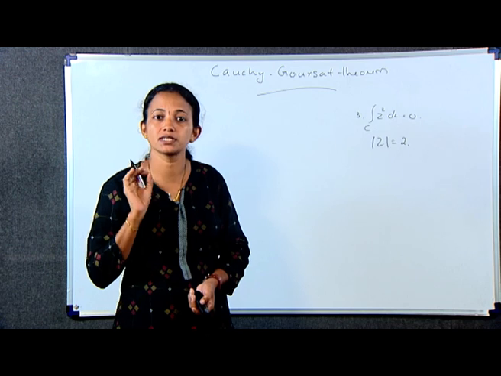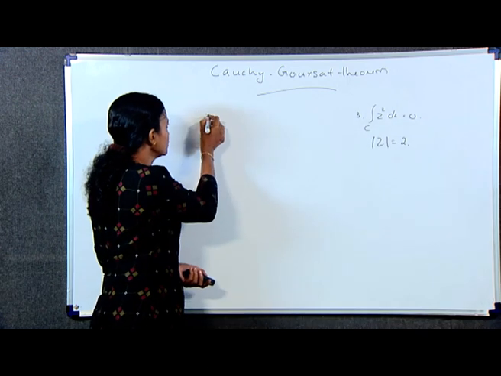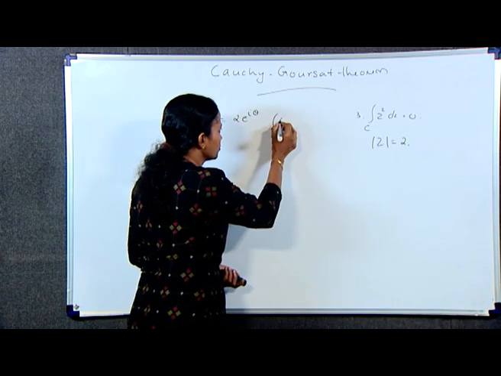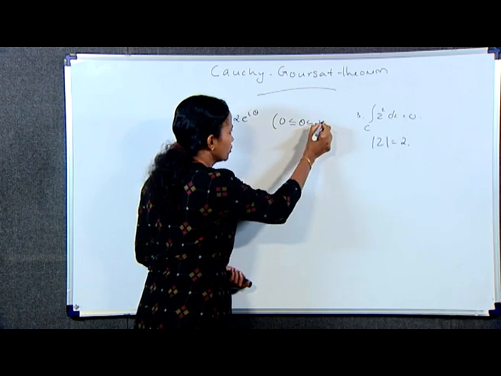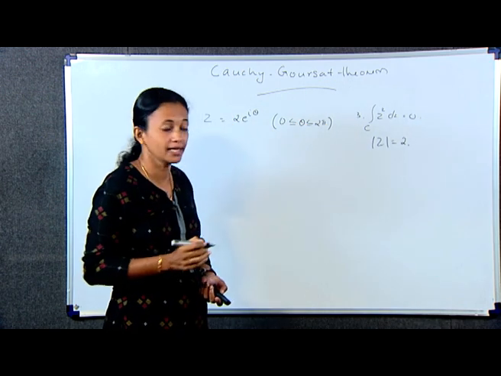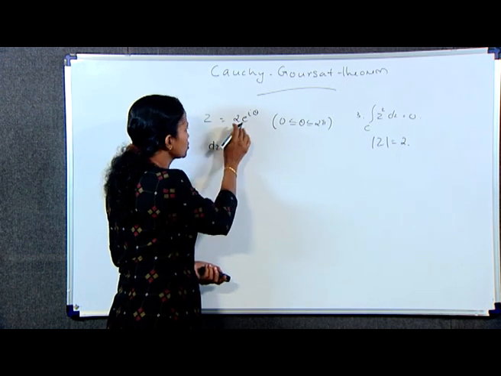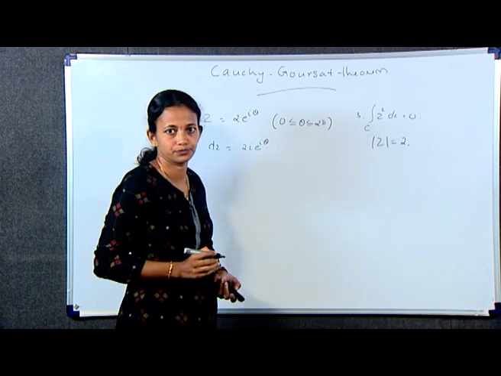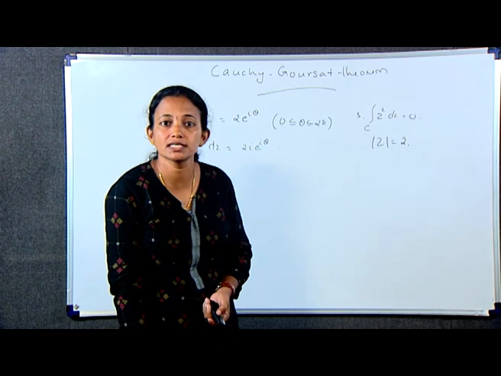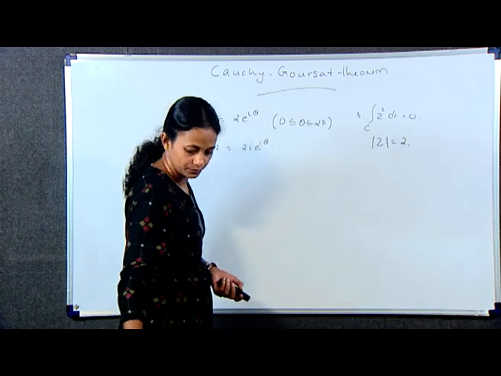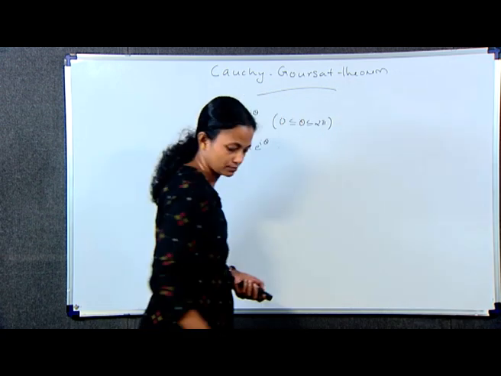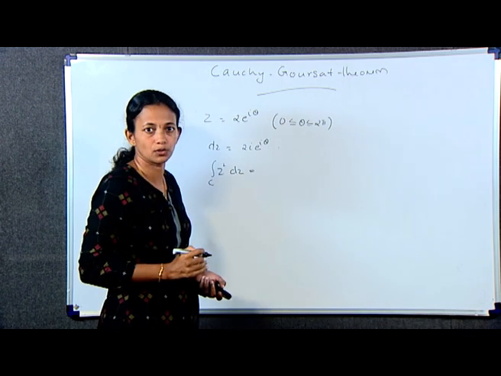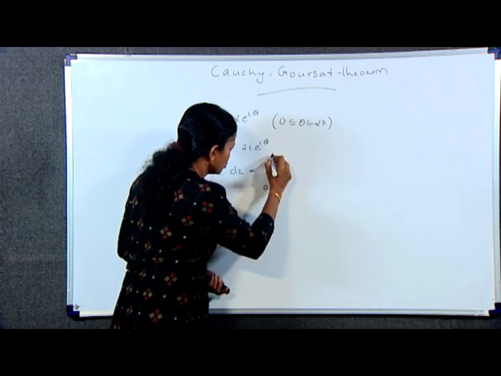Now, on the circle mod z equal to 2, z is equal to 2 e raised to i theta, where theta is between 0 less than or equal to theta less than or equal to 2 pi, and dz is equal to 2 i e raised to i theta d theta. Then the integral over C of z square dz is equal to the integral with limits from 0 to 2 pi.